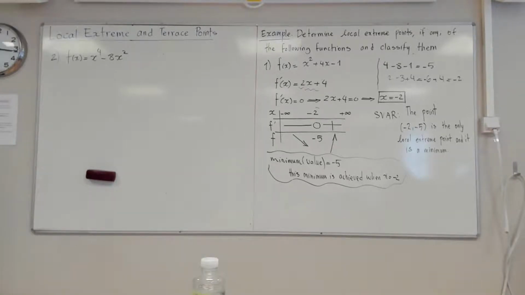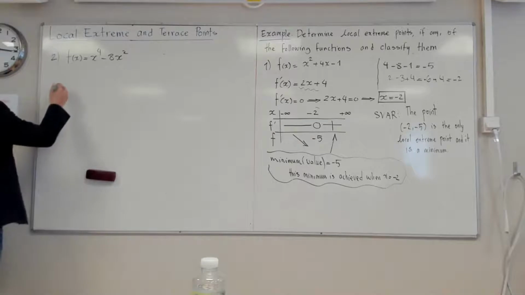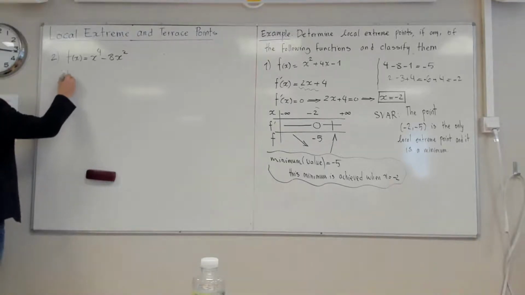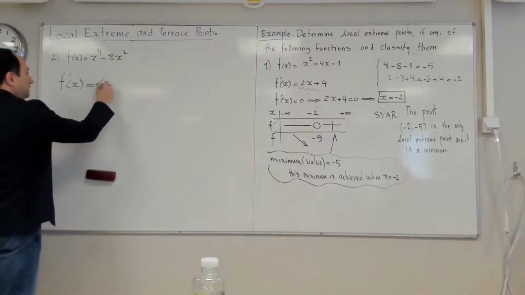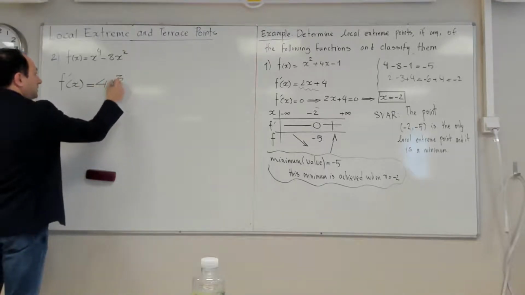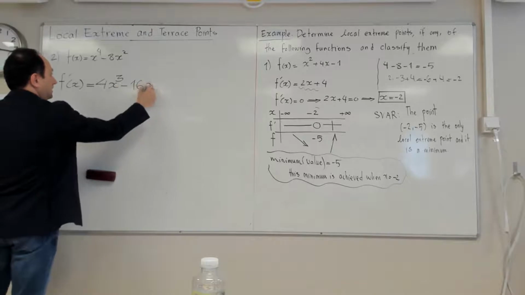What is the first step? Let us do it together. The first step is to take the derivative. It is 4x^3 - 16x.